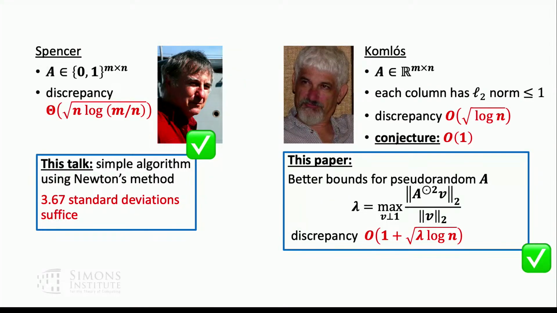Imagine that A is my matrix, and I look at the maximum over all vectors V orthogonal to the all-ones vector of the L2 norm of my pointwise-squared matrix times V, divided by the L2 norm of V. Let's try to understand this in the case when A is a symmetric Komlos matrix, where all the rows have L2 norm exactly 1.